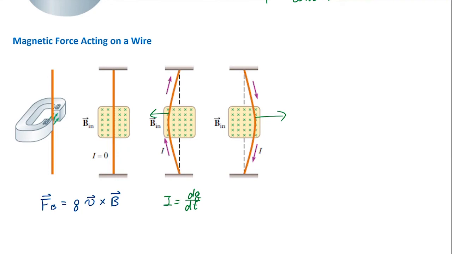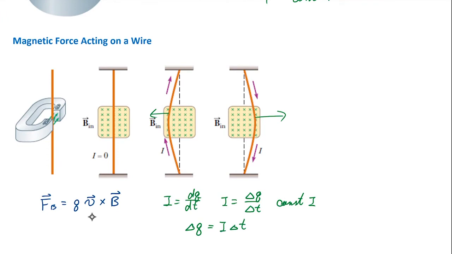But if this doesn't vary, if I is constant, then we can say this is equal to delta Q over delta T, or constant I, which tells you that the amount of charge that passes through, because this thing is given in terms of charge, is equal to your current times delta T, and that's nice.